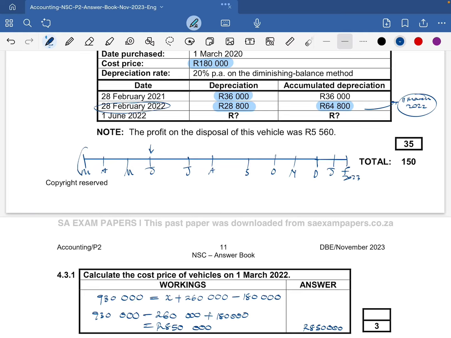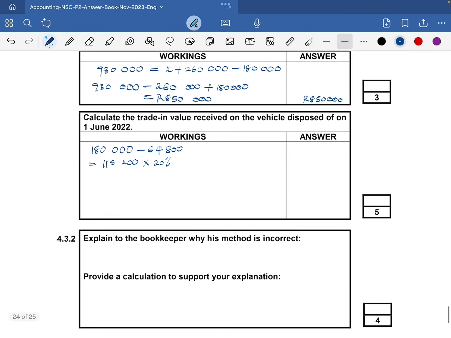We're only calculating the 1, 2, 3 months of use. So multiplied by 3/12, and then we have a depreciation of 5,760. So that's 5,760 as our depreciation for the current year.